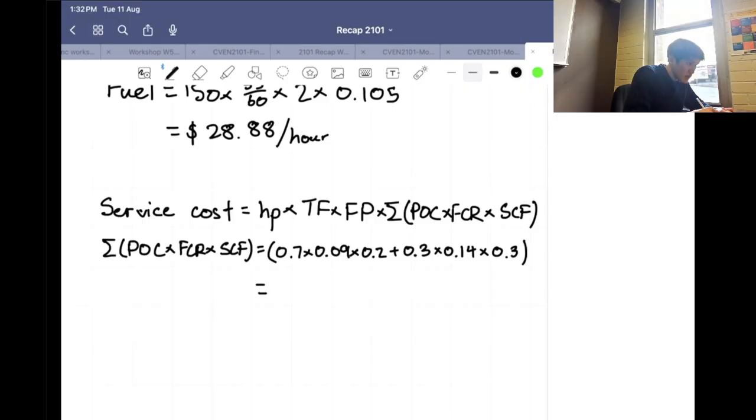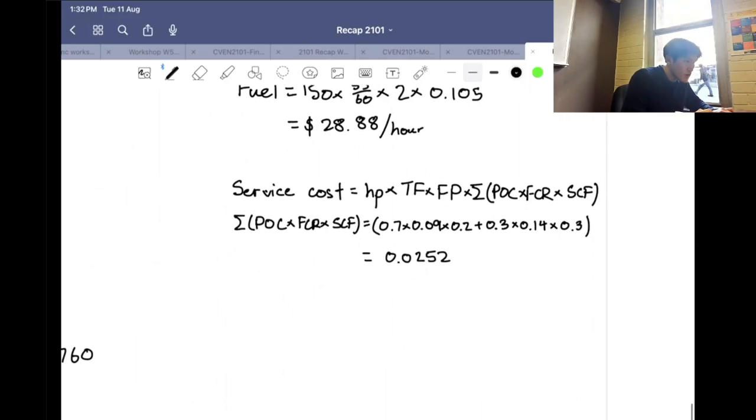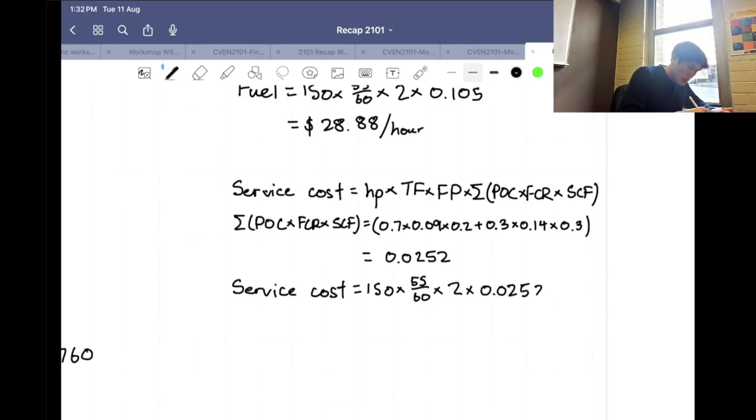And then that should give you 0.0252 for your sum of that thing. So it brings your service cost to 150 for the horsepower times 55 over 60 for your time factor times your fuel price of 2 times this, which should give $6.93 an hour.